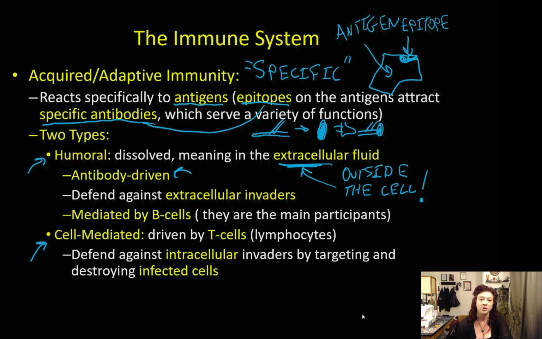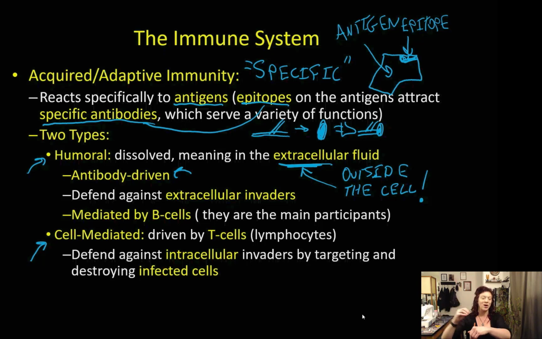They encounter a pathogen that is also present between your blood cells. That pathogen has antigens on its surface with epitopes that attract specific antibodies. The antibodies are then going to grab onto those epitopes and do a variety of different things, but one of the easiest ones to picture is the antibody latches on to the epitope on that antigen and acts as sort of like a neon sign, flashing, saying, invader, invader, invader.